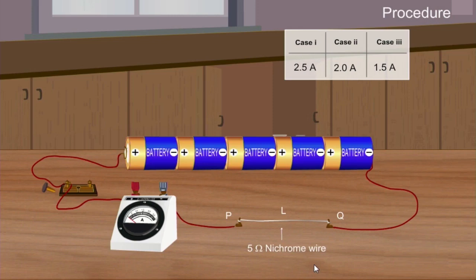When the electrons start drifting, they mutually repel each other and also collide against the atoms of the conductor. This in turn gives rise to the opposition or obstruction of the flow of electrons. The opposition or obstruction offered by a conductor to the flow of the electrons is called the electrical resistance.